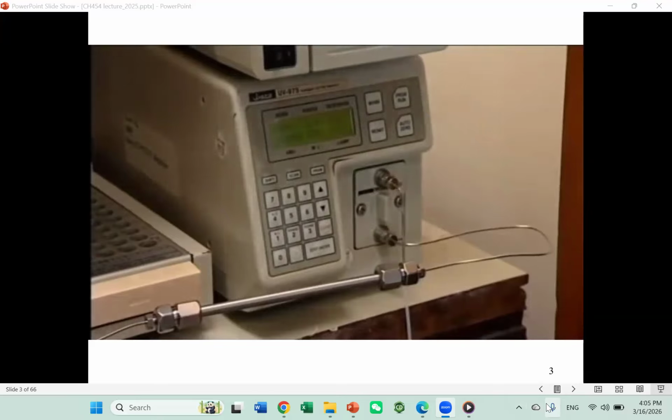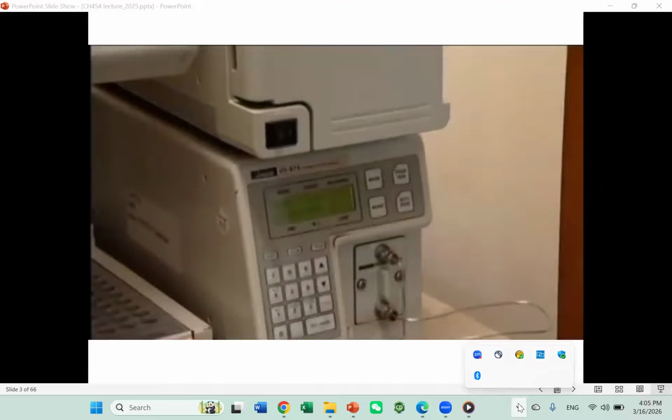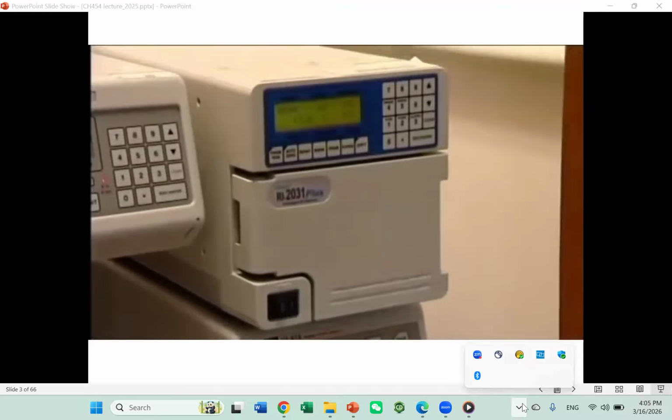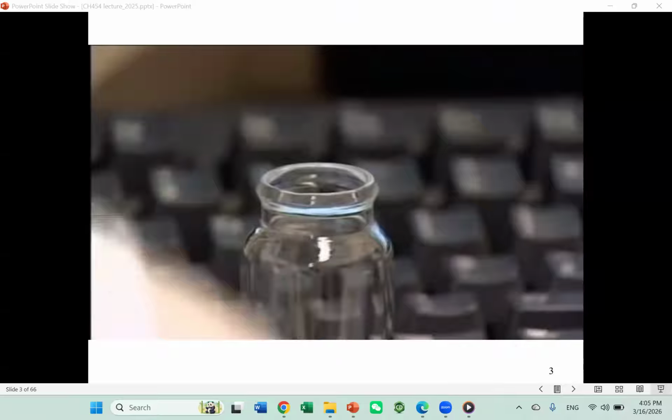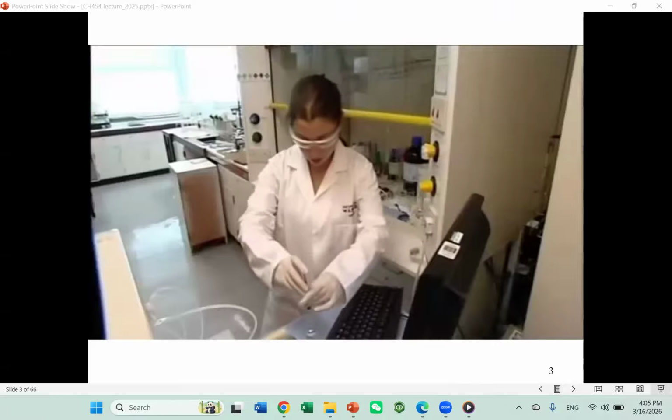Many alternative types of detector are possible. This one measures refractive index. The time that each component takes to come off the column is called its retention time and can be used to help identify it. Here, the HPLC instrument is being used to separate a mixture of two steroids used in a pharmaceutical preparation.